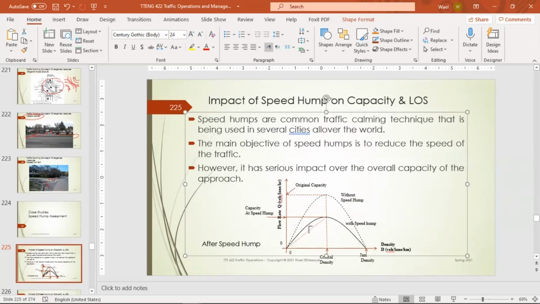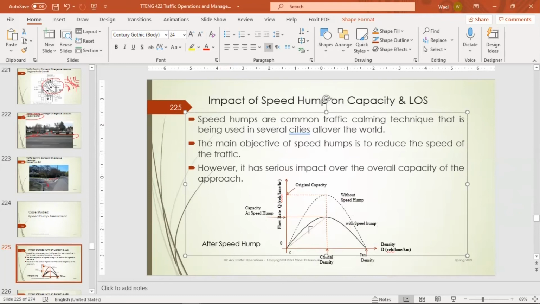They are common traffic calming techniques used in cities all over the world. The main objective is to reduce the speed of the traffic. However, it has a serious impact over the overall capacity of the approach, so we need to quantify how much its impact on the capacity.